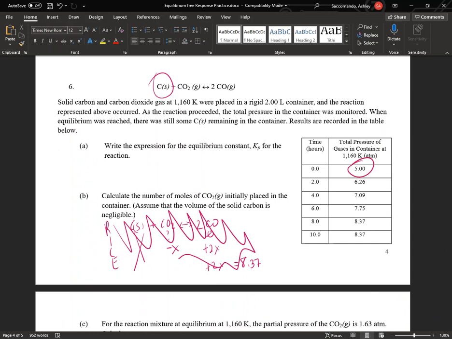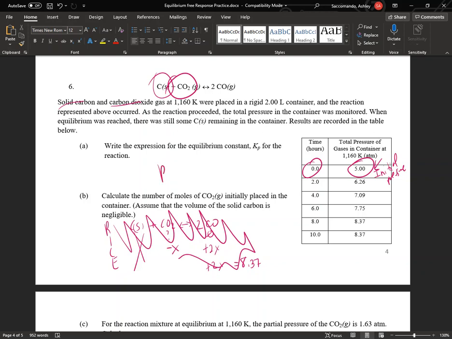The reason they gave this data table is they're saying that solid carbon and carbon dioxide were placed in there. So at time 0, you're supposed to look here and know that that is your initial pressure of the CO2, because the only thing exerting pressure in there is the CO2. The carbon is a solid, so it's not exerting pressure.